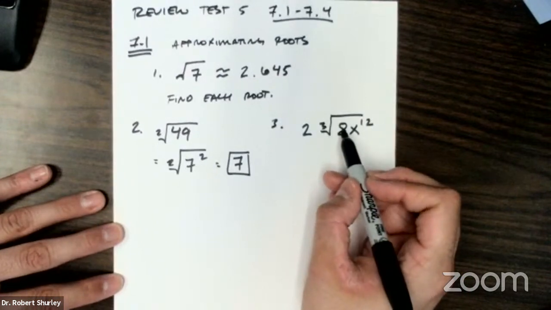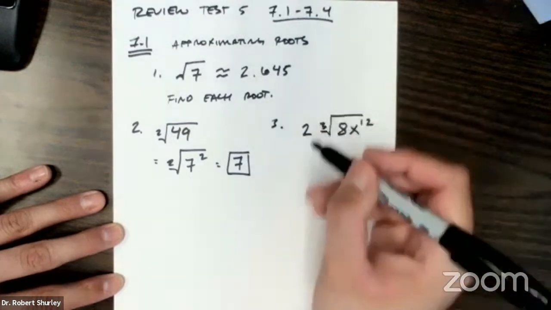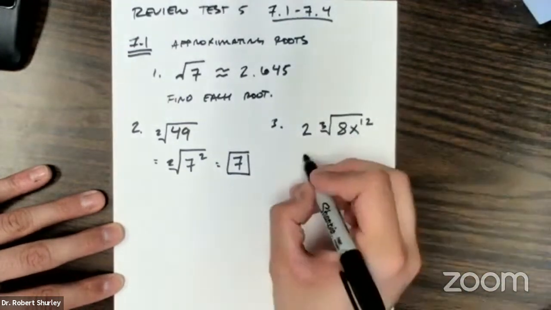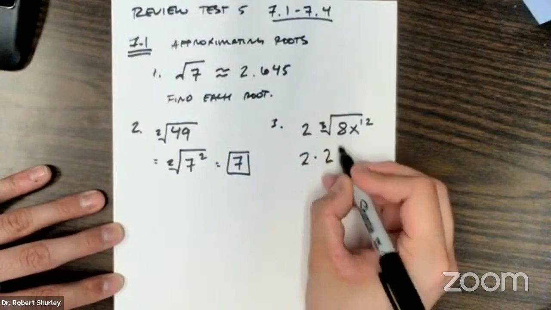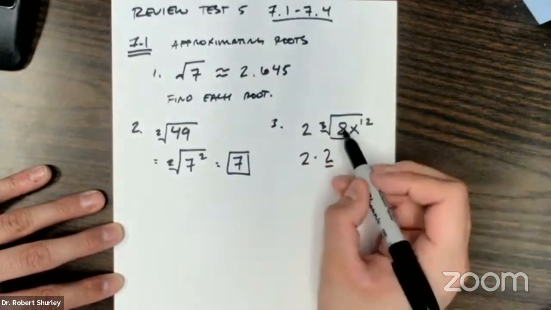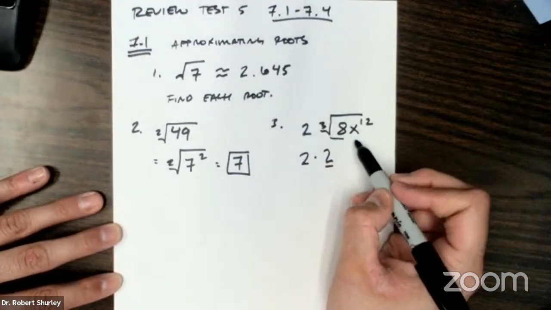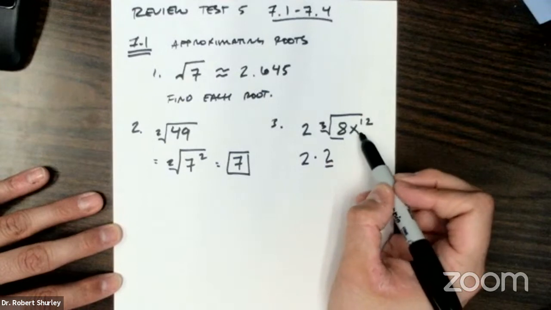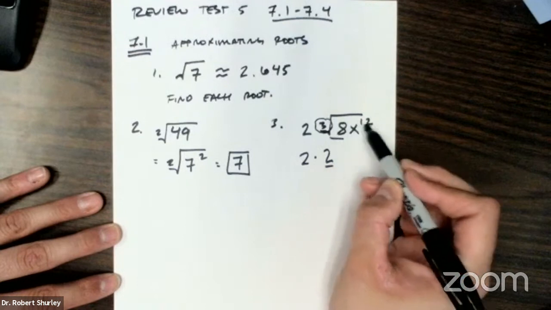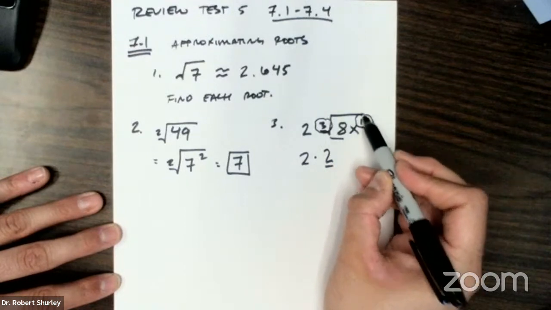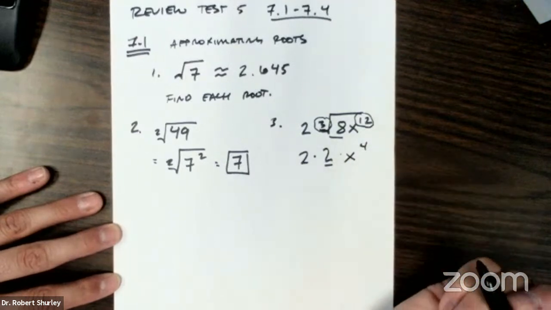The cube root of 8, I can write 8 as 2 cubed. It's 2 times 2 times 2, right? So therefore, the cube root of 8 is just 2. So that 2 is already there from outside. This 2 is from the cube root of 8. And then the cube root of x to the 12th. Well, remember now with exponents, with bases, we're going to see how many times this root goes into the exponent. 3 goes into 12 4 times, evenly, right?